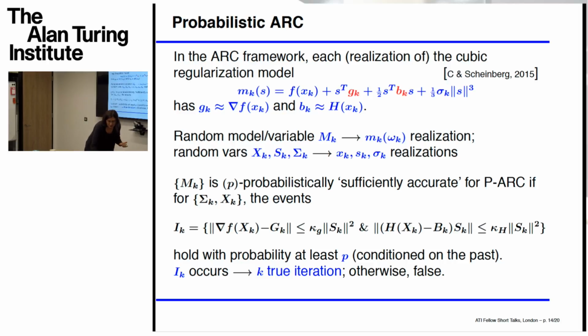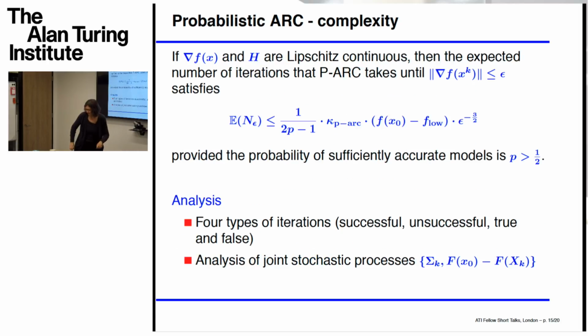But I know that it will happen with a certain probability. What I can say then is that this probabilistic cubic regularization framework actually maintains the same rate of convergence as a function of the accuracy, and the only thing that changes is that this rate is multiplied by a constant factor of the probability of the model being good. And provided this model is good with probability greater than a half, I can keep running these methods.